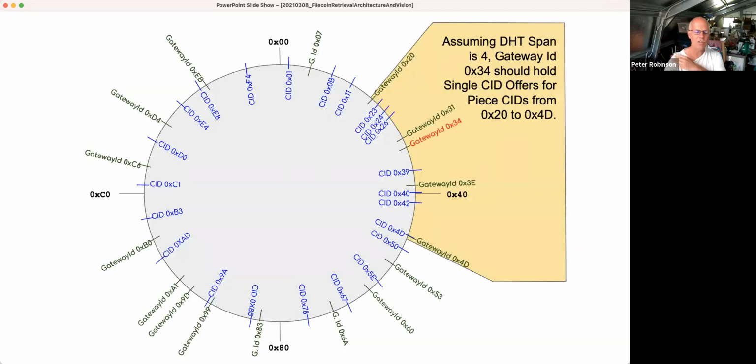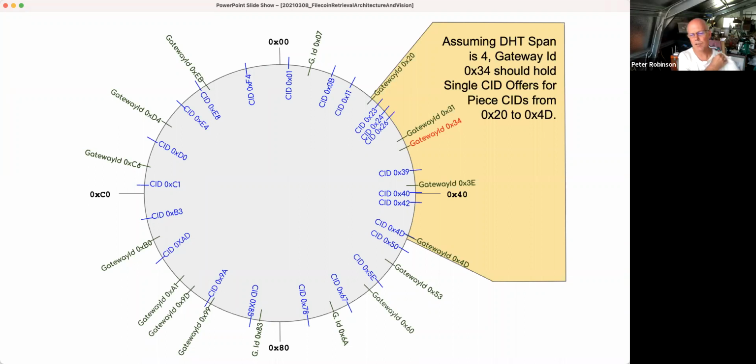And this slide here gives you an idea. So you've got this CID ring where you've got all of the CIDs in the range that you can have. Now, obviously, normally CIDs are 32 bytes, 256 bits.